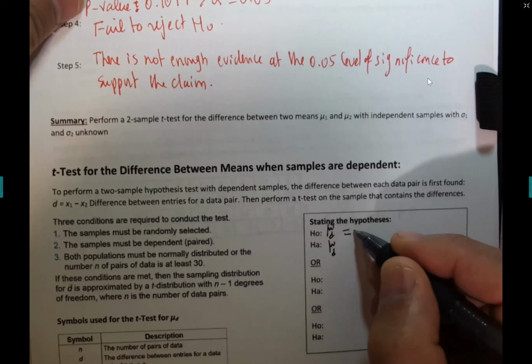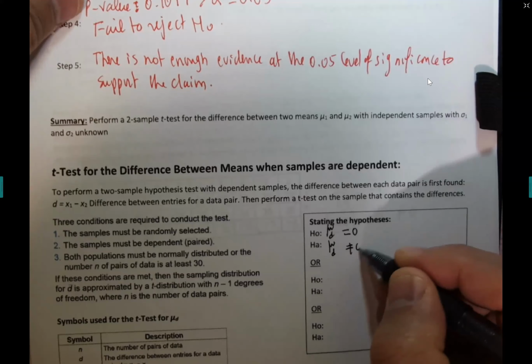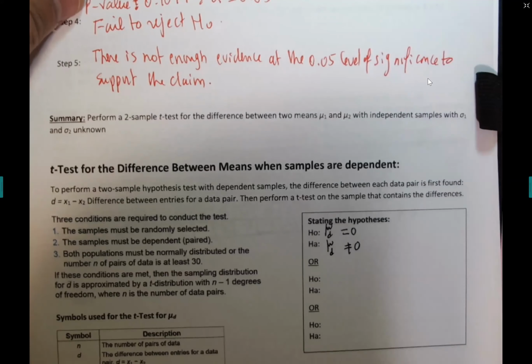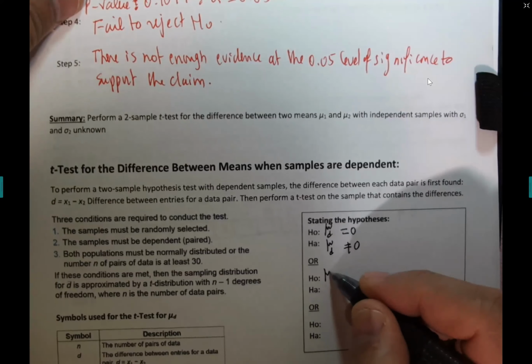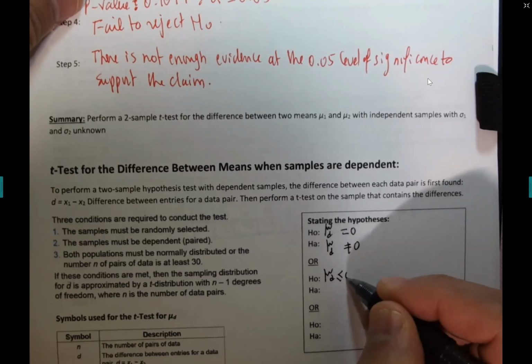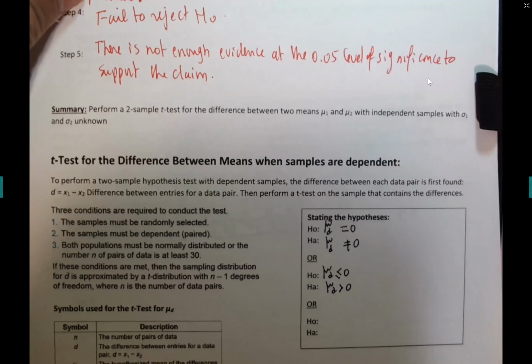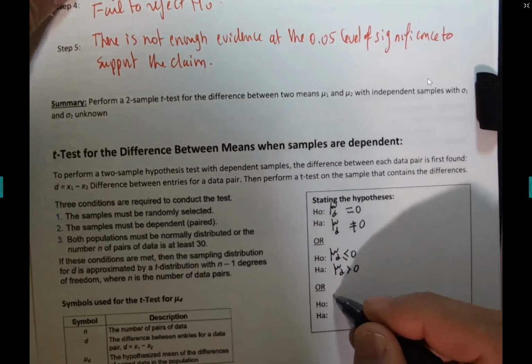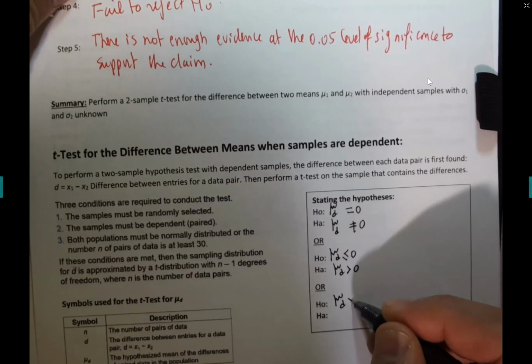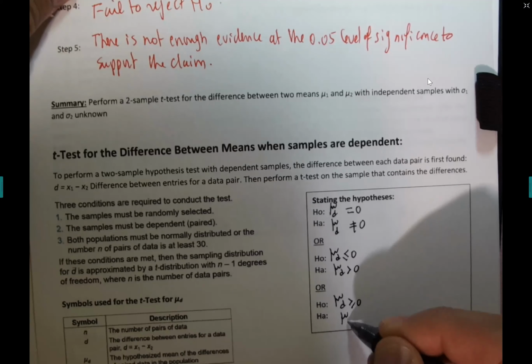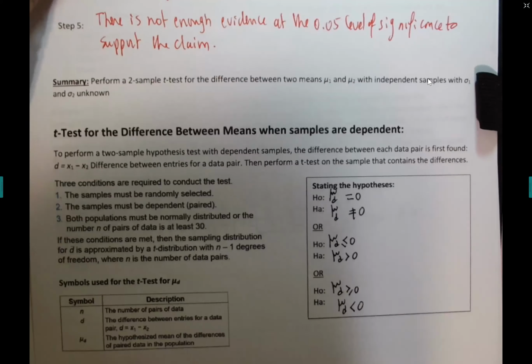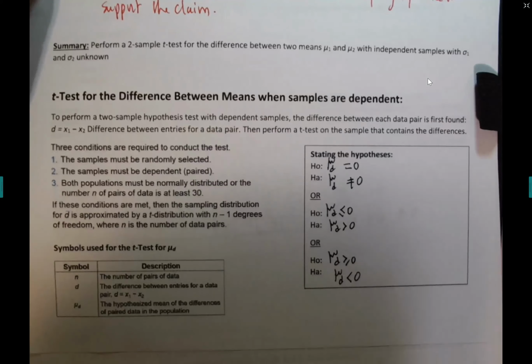And that could be equal to zero, not equal to zero. That's one scenario. The other scenario, guys, will be this: greater than zero. And then the last scenario, guys, will be that.